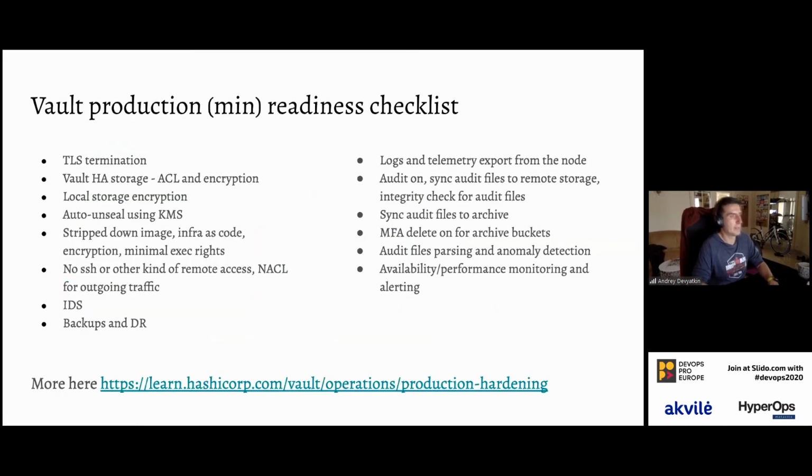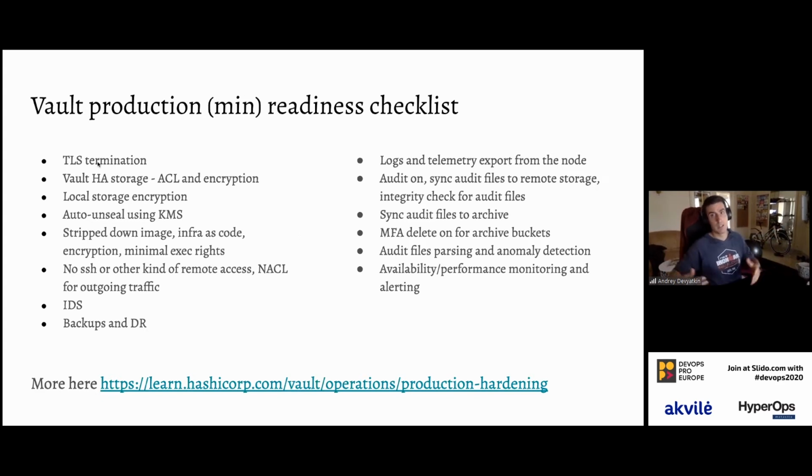And again, as I said, you're going to put all your crown jewels in there, so you probably want to have this thing secure. And that's like a minimum readiness checklist, the production readiness checklist, which lists the hardening that you might consider doing. And some stuff which is kind of obvious, TLS termination, for instance.